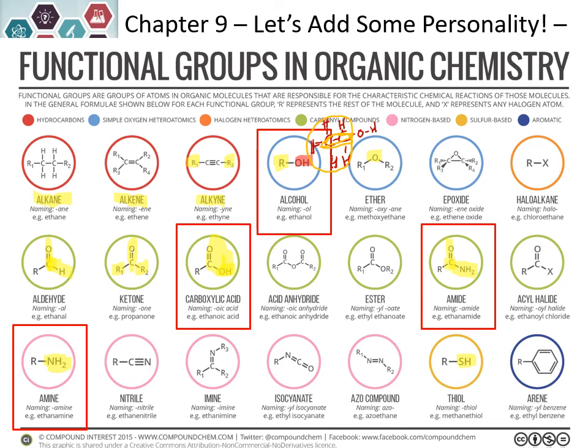So recognizing functional groups depends on how the carbon and other elements are attached to each other, and it's kind of matching. You match it up with how they are bonded to each other to recognize different functional groups.